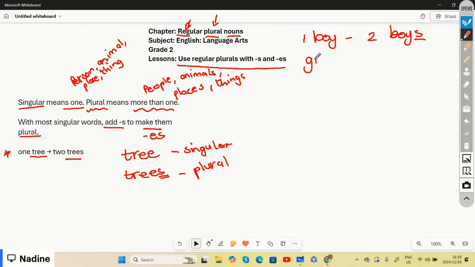One girl. What is the plural form of the word girl?